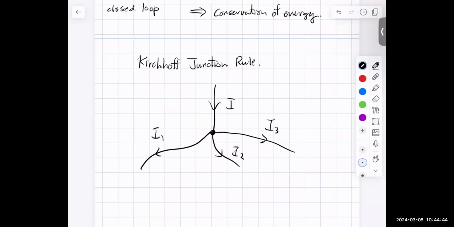An electron takes one of the 3 available paths. And so some of the charges in the original current will take path 1, some will take path 2, and some will take path 3. There can be no charge lost or created at the junction. So whatever charge comes into the junction must leave the junction.